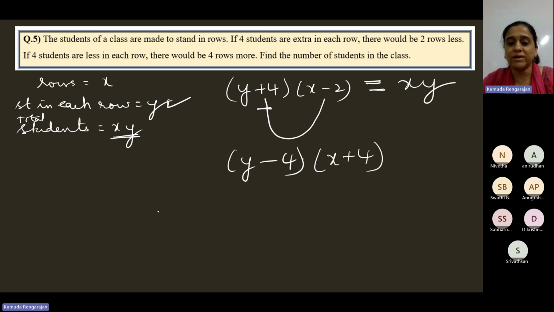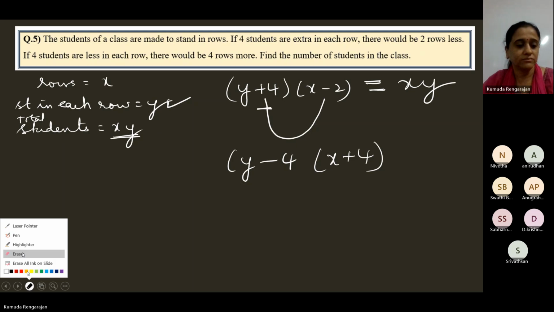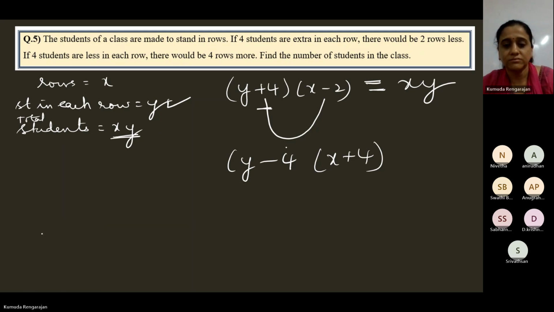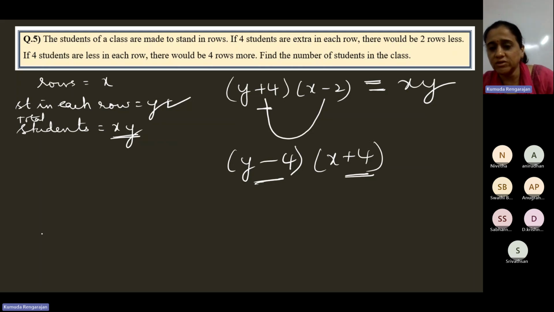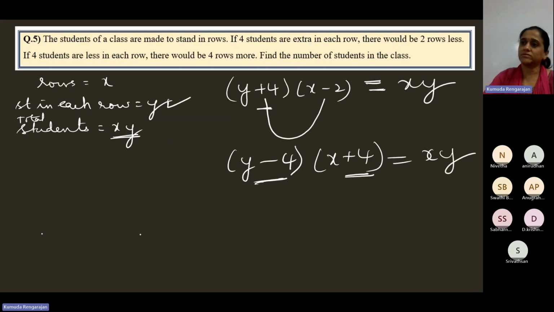Why are we not putting a plus or minus sign in the middle? Because the rule is number of rows into the number of students in each row is equal to the total number of students. So it's not plus or minus in the middle, it's multiplication. Number of rows into number of students in each row is equal to total number of students, XY.